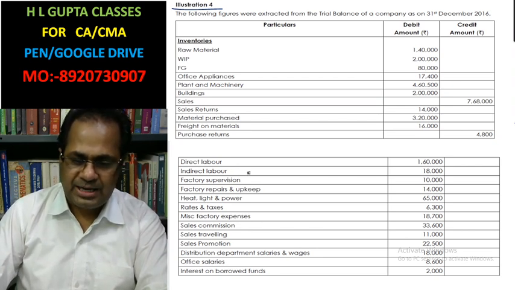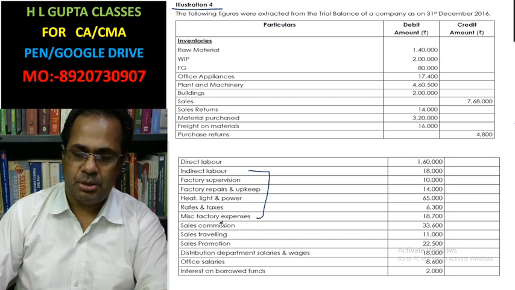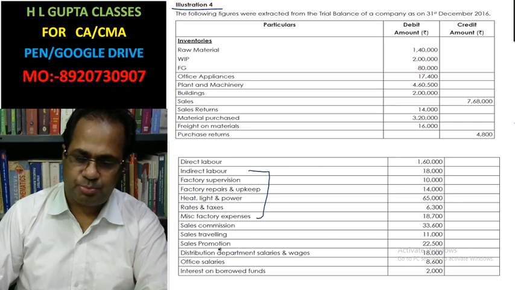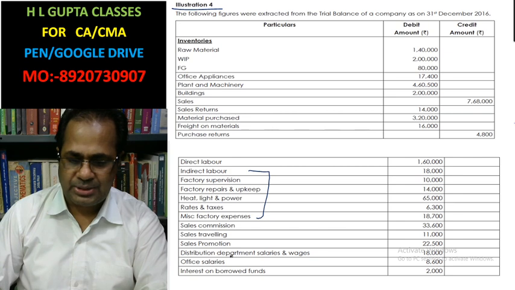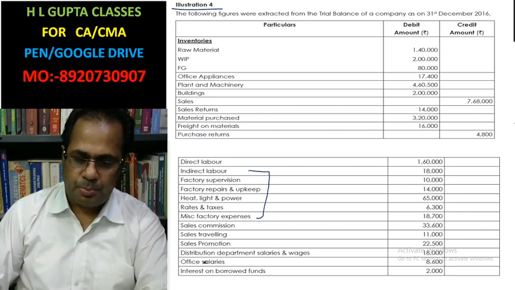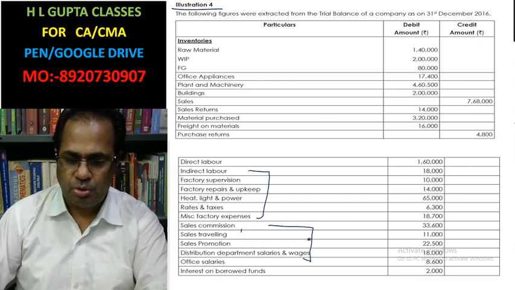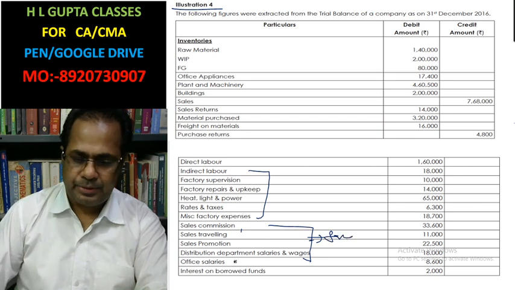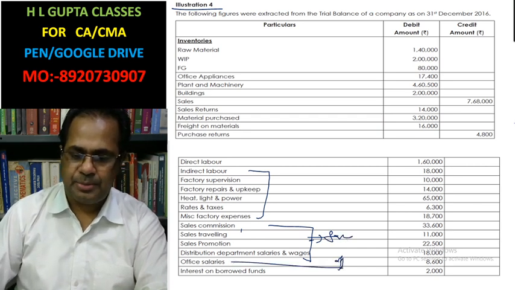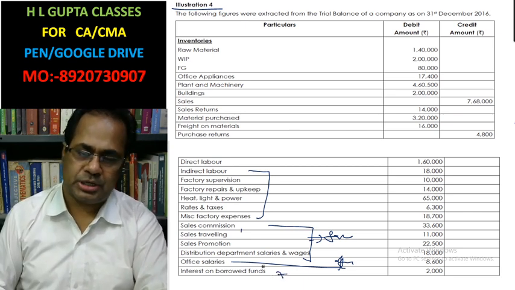These are all factory expenditures. Then sales commission, sales traveling, sales promotion, distribution department salaries and wages, and distribution department office salaries. These are the expenses related to your sales. This is the office and administrative overhead. Interest goes into the profit and loss account.